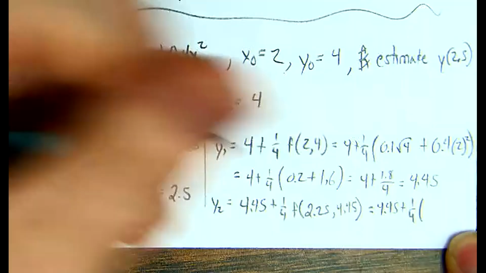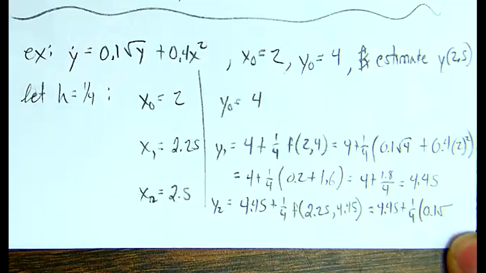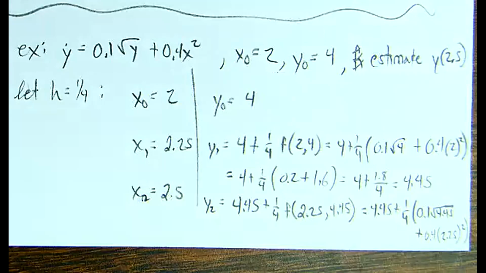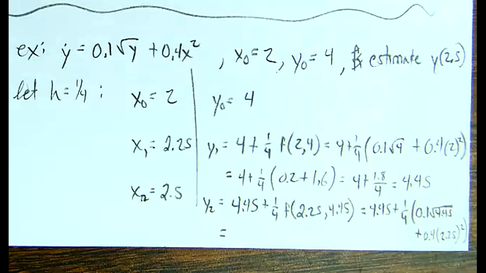Which is 4.45 plus 1/4 of 0.1 root 4.45 plus 0.4 times 2.25 squared. 2.25 squared times 0.4 is 2.025.